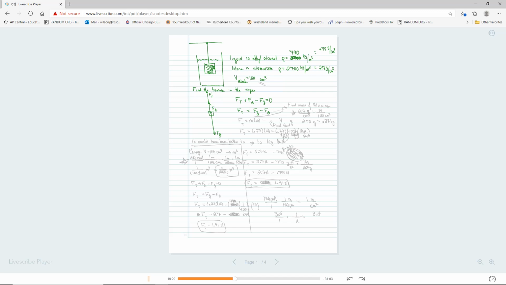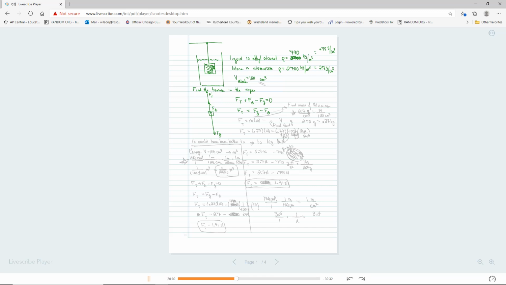So, now that we're ready to work our problem, what steps do I need to take to find the force of gravity? What is force gravity again? How do we calculate that? Force gravity is mass times acceleration due to gravity. To make the numbers easy, we're going to do what?